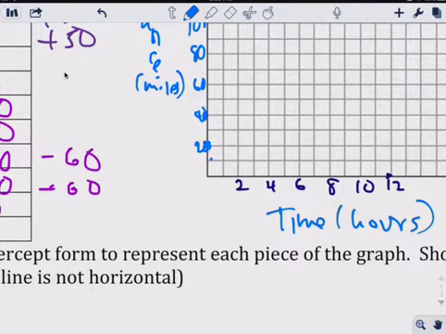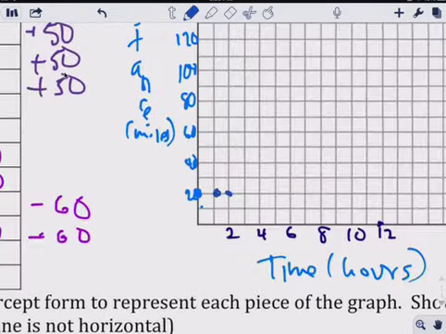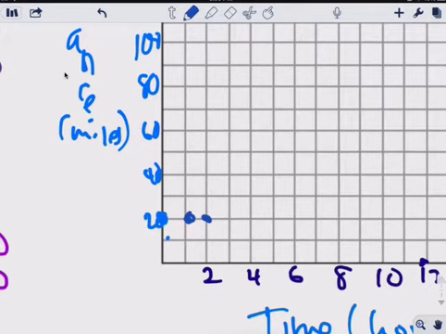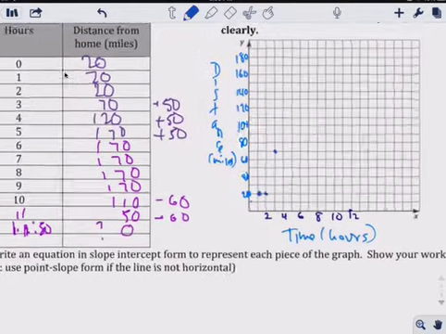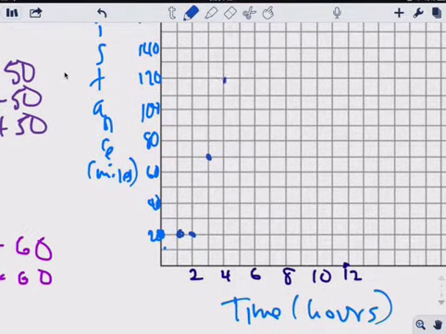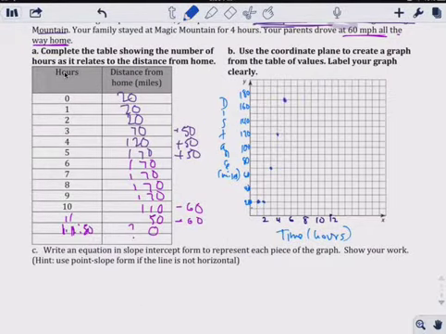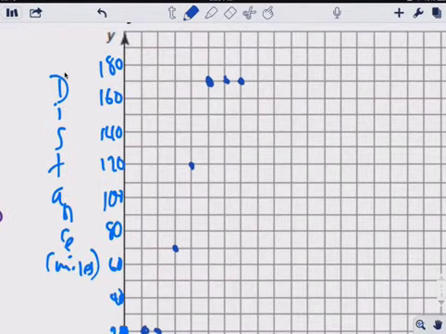So we start out at 20. At 0, it's 20, at 2 also 20, and then increase 50 miles per hour. 3 is 70. 4 is 120. 5 is 170. 6 is 170. 7 is 170. 8 and 9 are all 170.